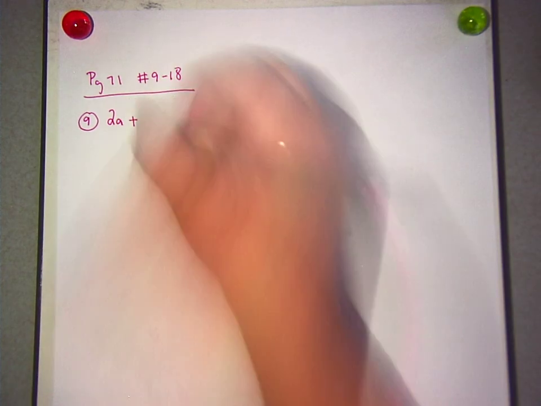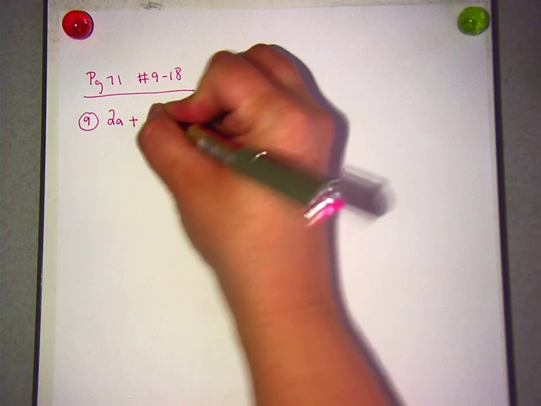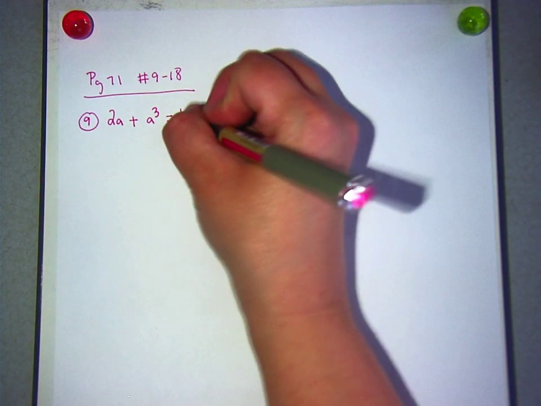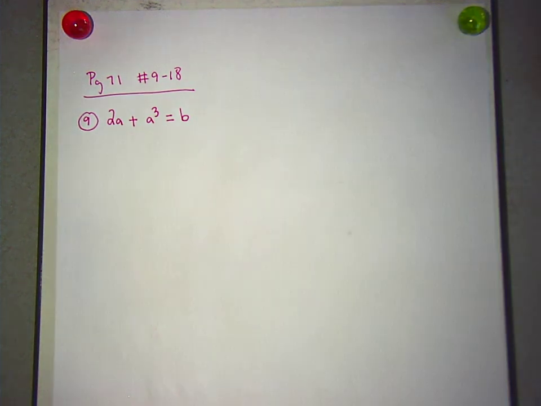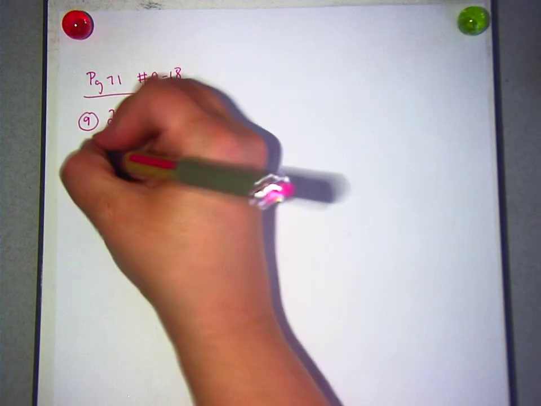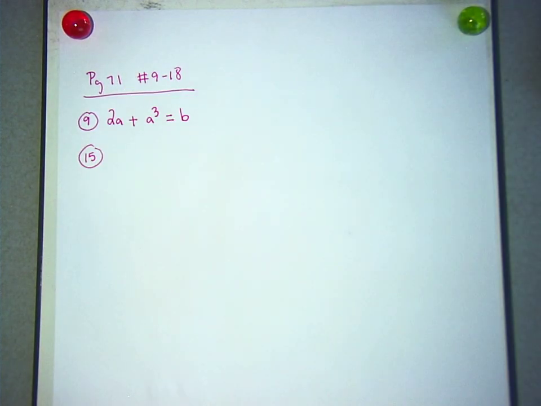Plus the cube of A. A to the third power equals B. That's it. That's that whole problem. Okay? We're going to jump to 15. Stay with me. Do not be working on number 10 right now. Flip your page.